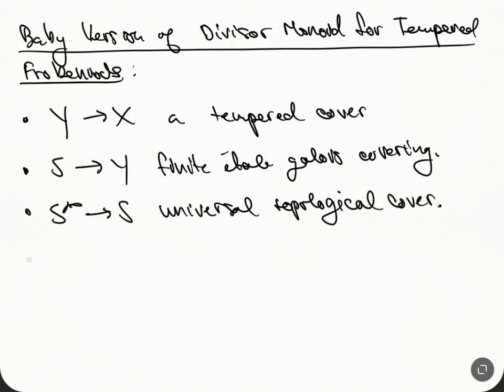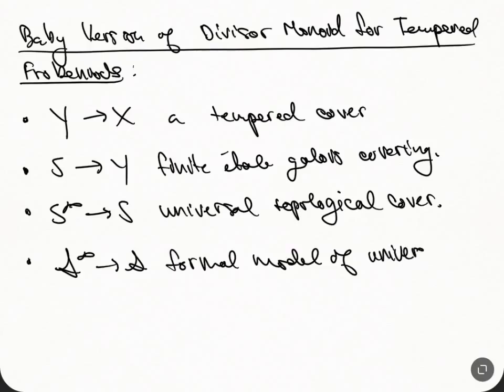Then we're going to take a formal model of the universal topological cover. So these are now formal schemes.